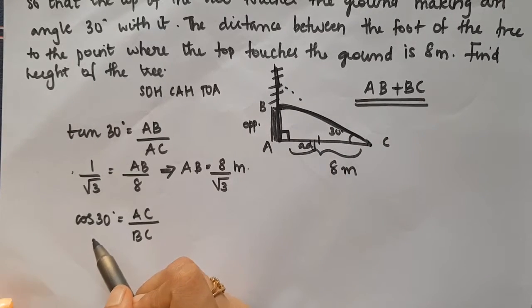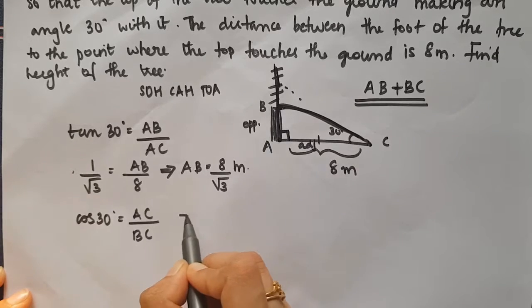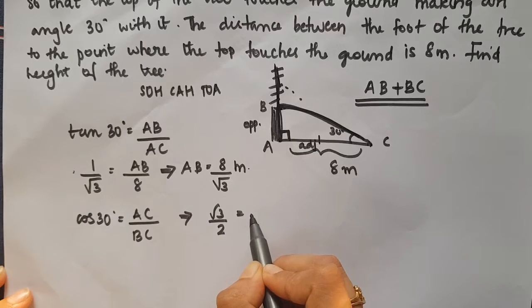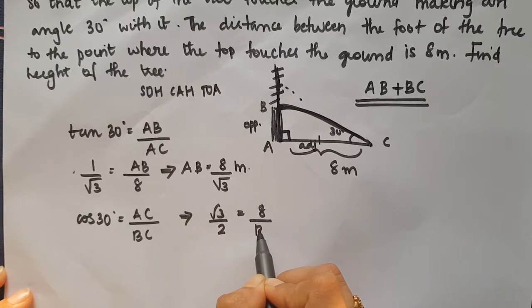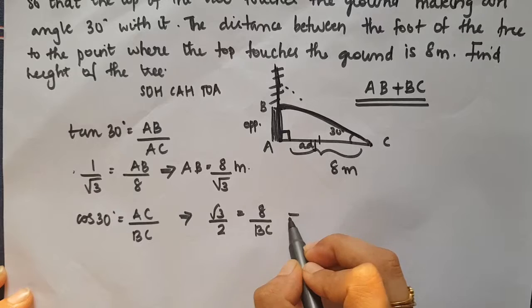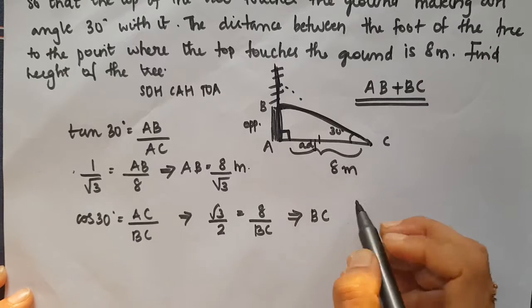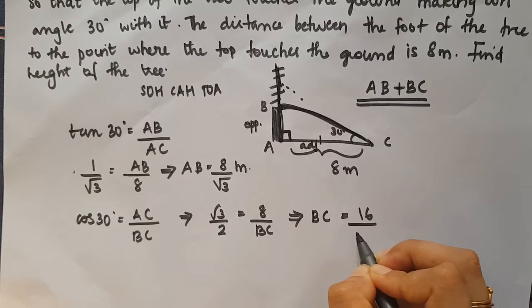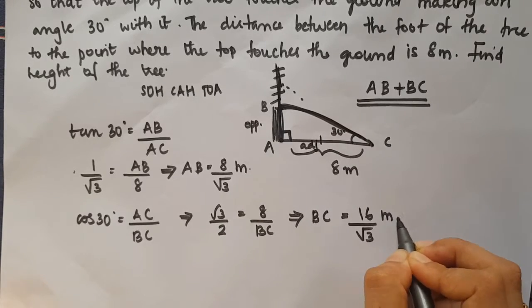Assigning the values, root 3 by 2 is equal to 8 by BC. That gives BC equal to 16 by root 3 meters.